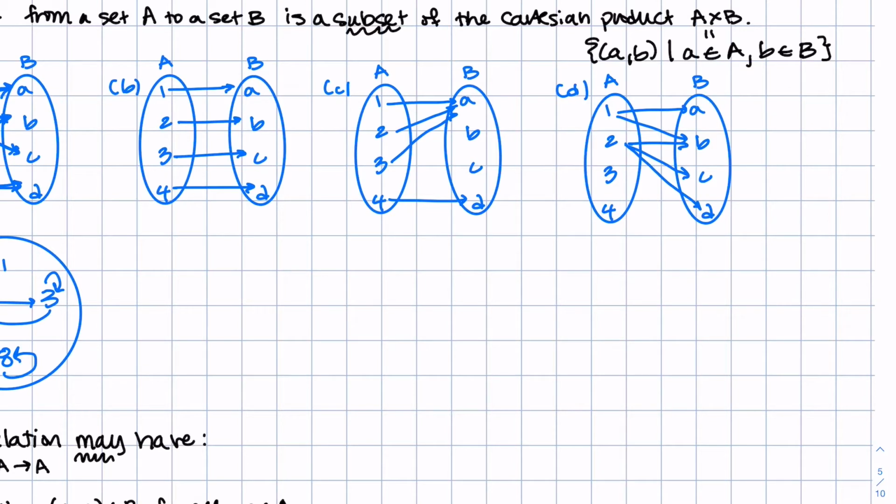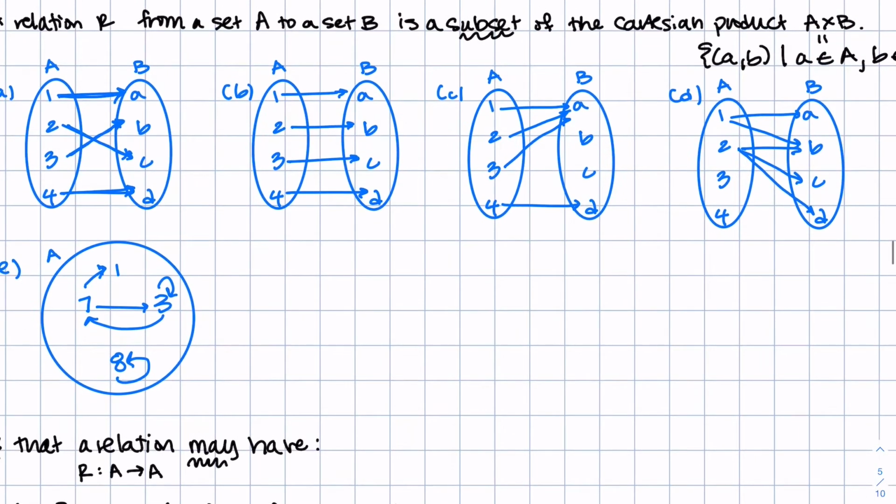Another reason is that B has too many things mapped to it. And the third reason is that 1 and 2 are both going to too many things, okay? So C and D are both not one-to-one correspondences, but they are relations.